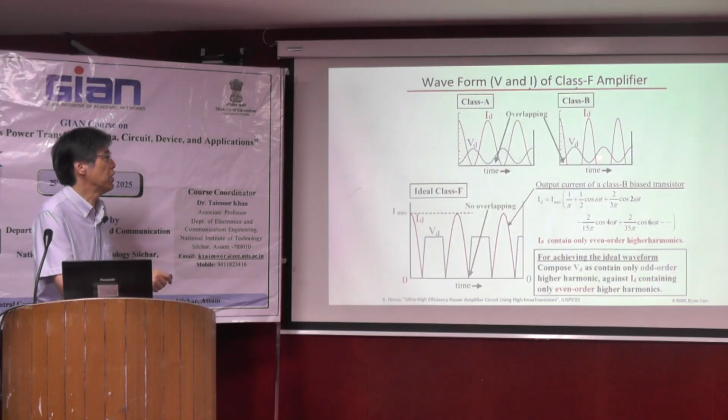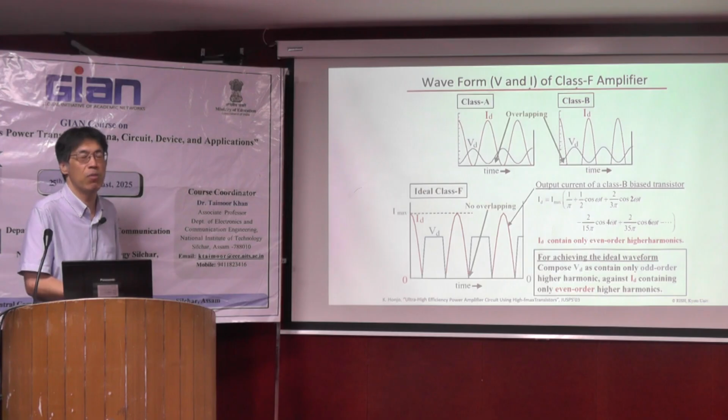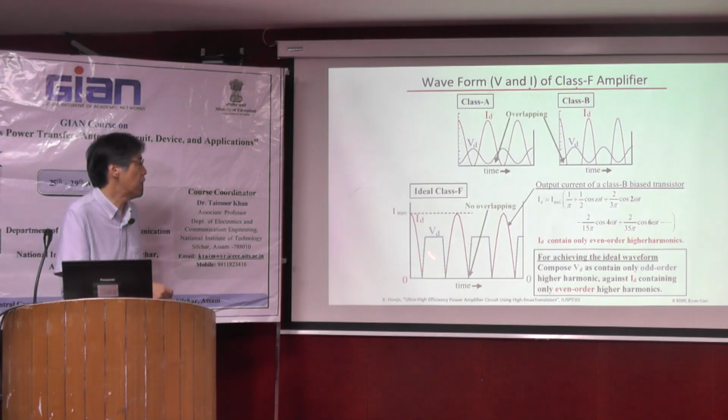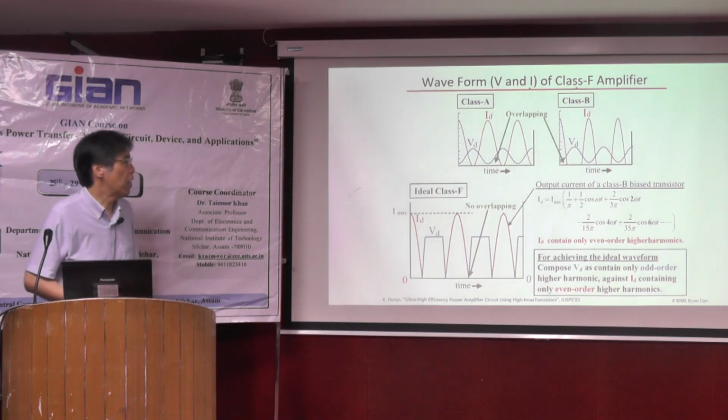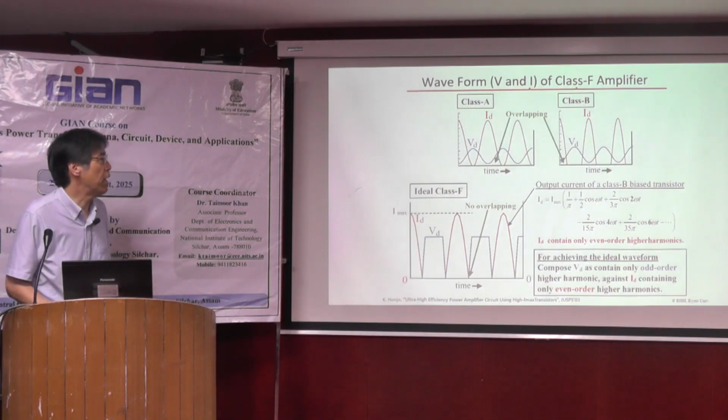But the voltage is a very pure sinusoidal wave at the main frequency only. And at last, for class F, the current is the same as class B. But the voltage changes with the help of the harmonics. So this is the operation of the class F amplifier.